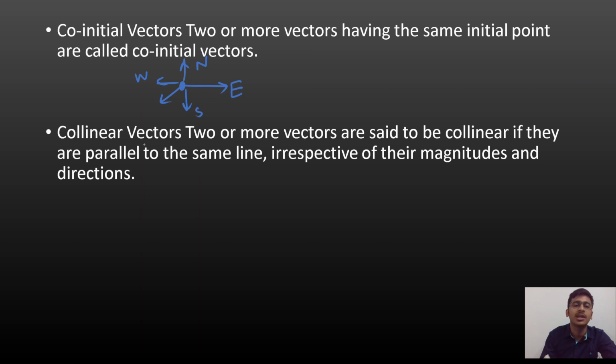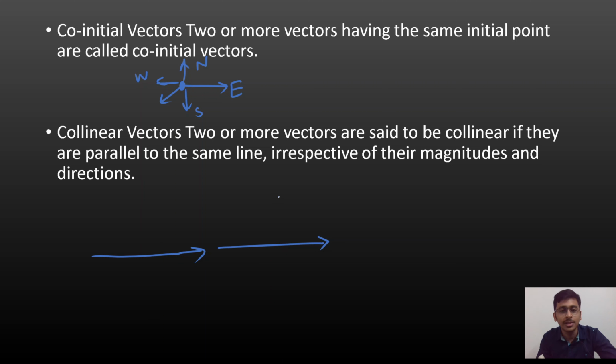So what are collinear vectors? Two or more vectors are said to be collinear if they are parallel to the same line, irrespective of their magnitudes and directions. So if I have a vector, these two vectors are collinear. Why are they collinear?